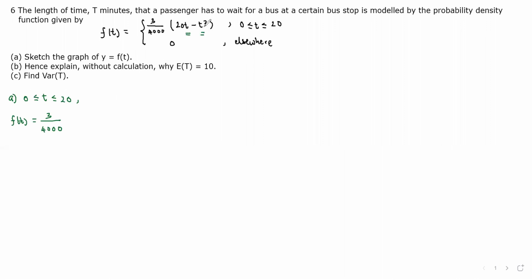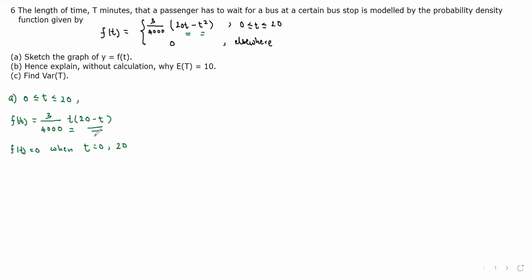Because you have a quadratic function, we can pull out a t, and then we have 20 minus t. We see that f of t is 0 when t is either 0 or 20. Set both of them to 0, and you get t equals 0 or 20.